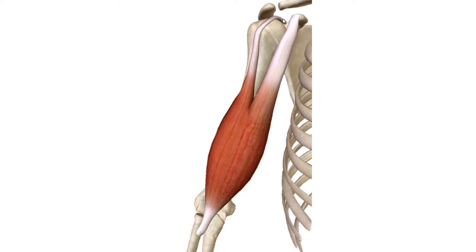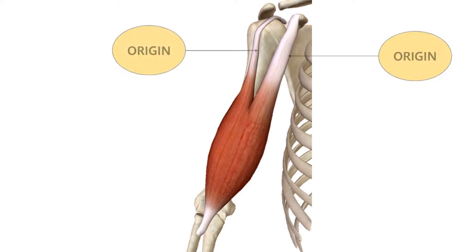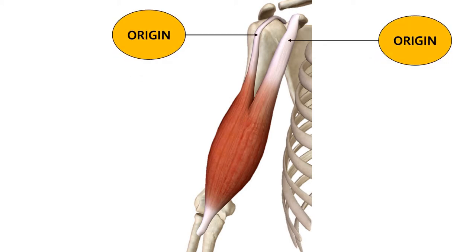Now, the attachments have specific terms in biomechanics based on their location. So attachments that are closer to the midline of the body, as a rule, this is for the majority of skeletal muscles, not all of them necessarily, but for the majority, are called the origin of the muscle. And as you can see, the biceps brachii has two origins.